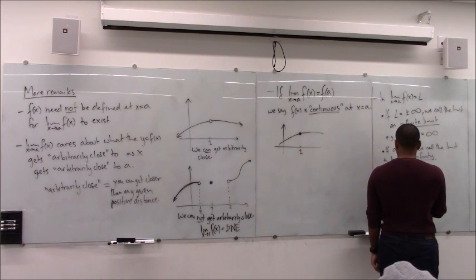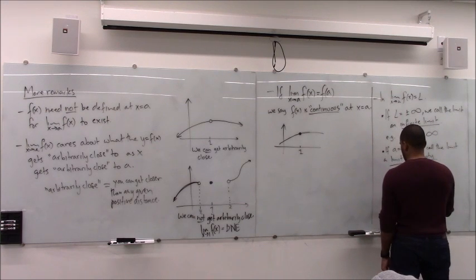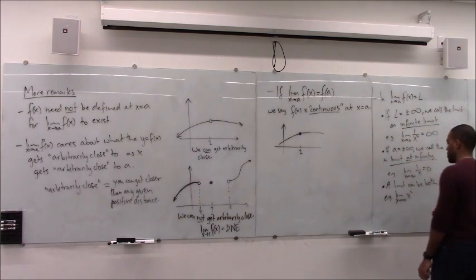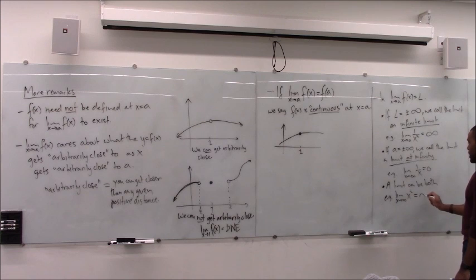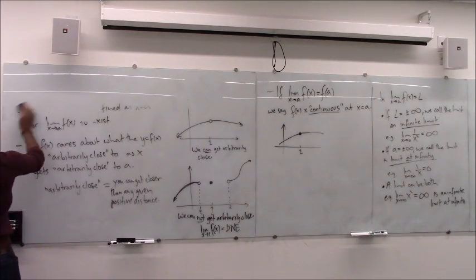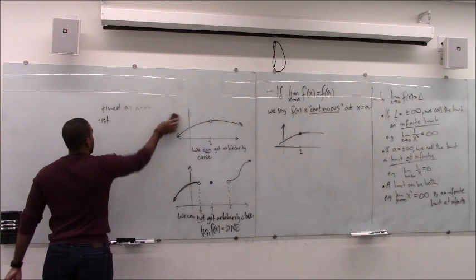So notice a limit can be both. If I look at, say, the limit as x approaches infinity of x squared, that will actually give me infinity as the answer, and that is an infinite limit at infinity. Those are just some terminologies that we can use here. At the moment, I think that's all the remarks I want to make.